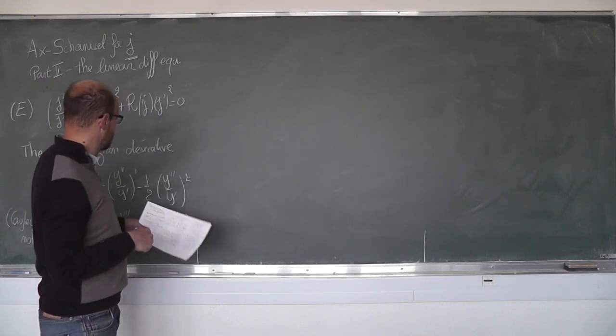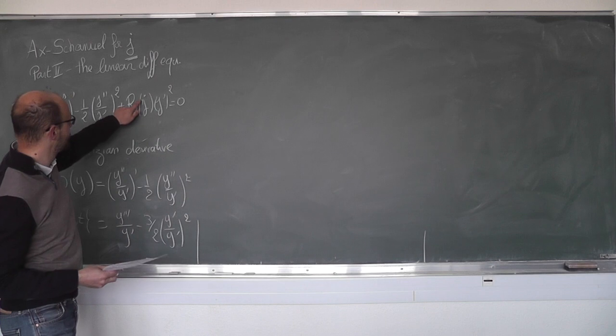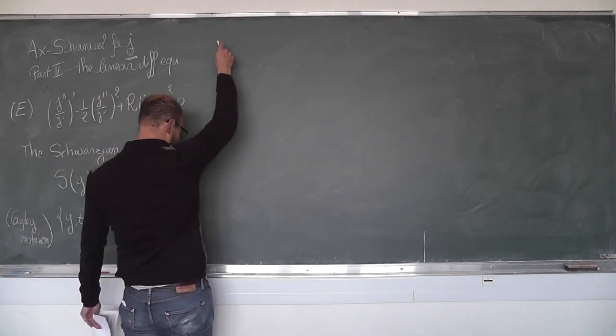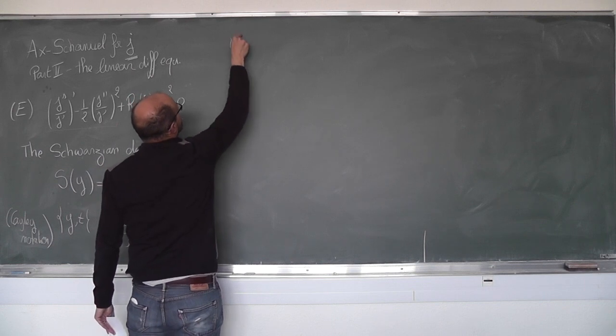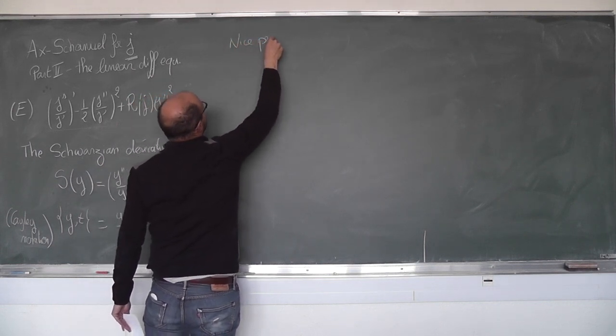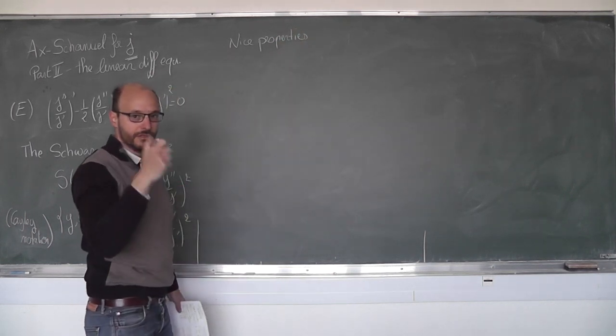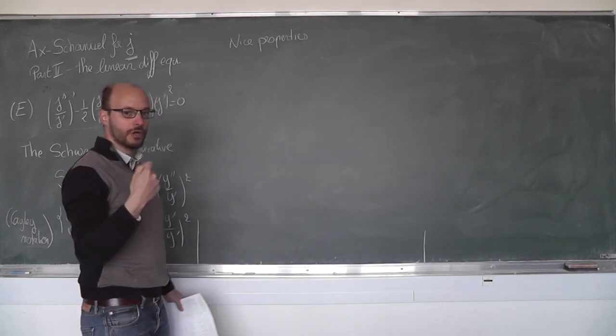that will give some nice property for the solution set here. So the two nice properties we get are the following. The first one is a compatibility with the composition.